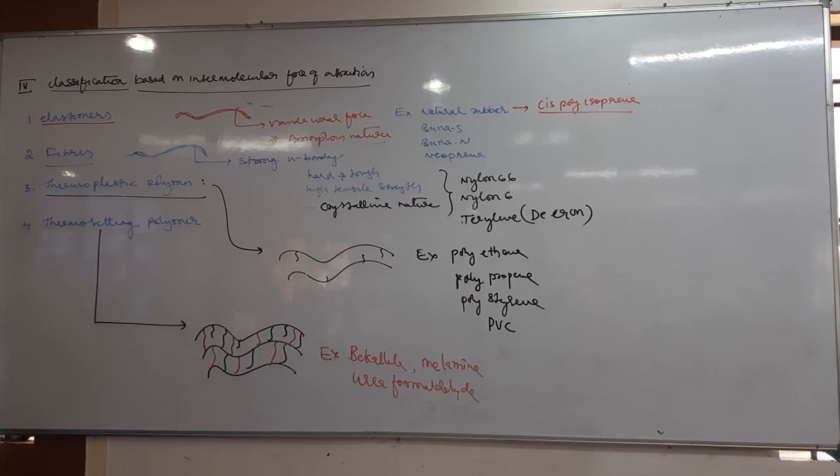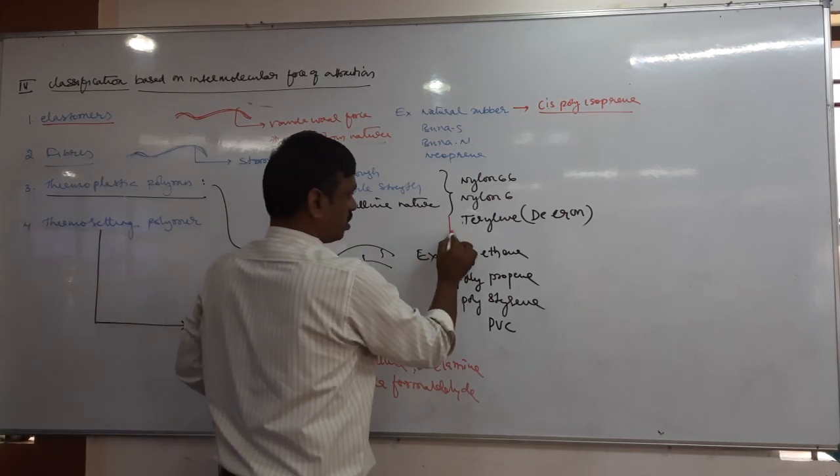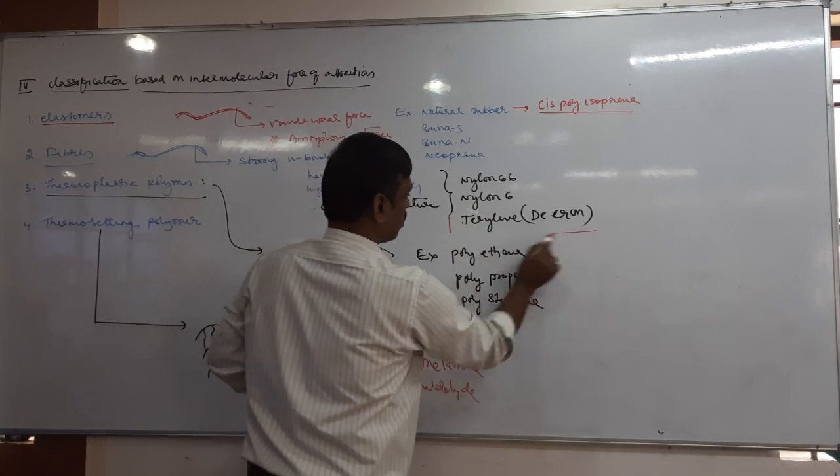They have high tensile strength and crystalline nature. Examples: nylon 6,6, nylon 6, terylene.